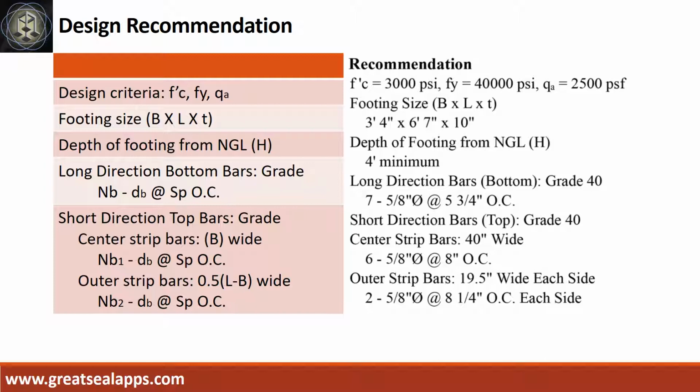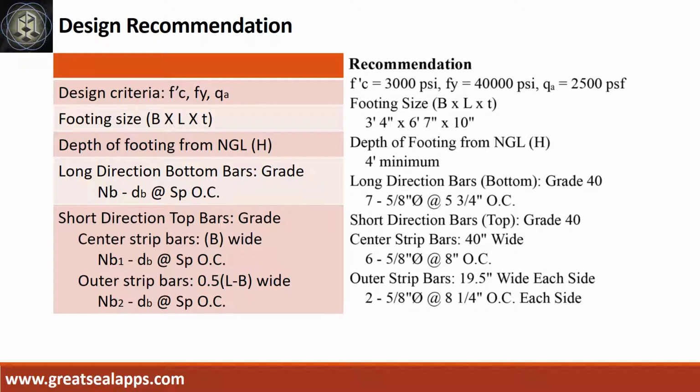Fc prime equals 3000 psi, Fy equals 40,000 psi, Qa equals 2500 psf. Footing size is 3 feet 4 inches by 6 feet 7 inches by 10 inches. Depth of footing from natural grade line 4 feet minimum. Long direction bars of grade 40, 7 pieces 5/8 inch diameter bar at 5 and 3/4 inches on center.